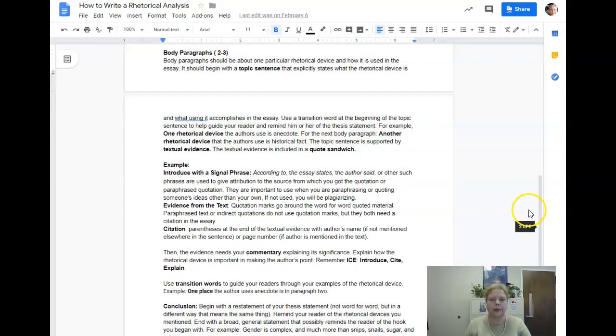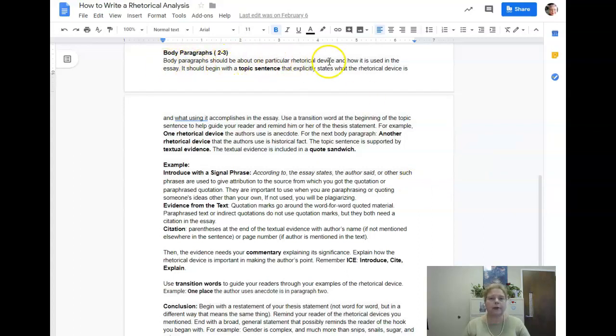You can have 2 to 3 of these. The assignment only requires you to have 2. If you want to have 3, that would be fine. Depending on how many rhetorical devices or choices the author has made, it will depend on how many body paragraphs you have.